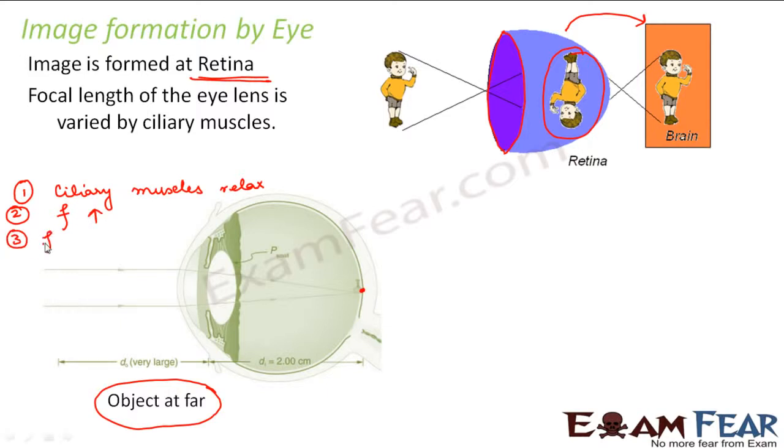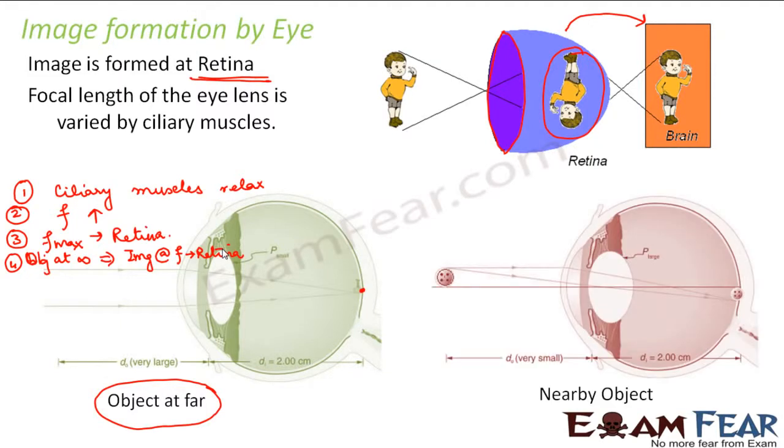So focal length will be maximum at the retina, right? Now since the object is at infinity, therefore the image is at focus, right? And what is focus? Focus is nothing but the retina. So therefore the image will be formed at the retina.